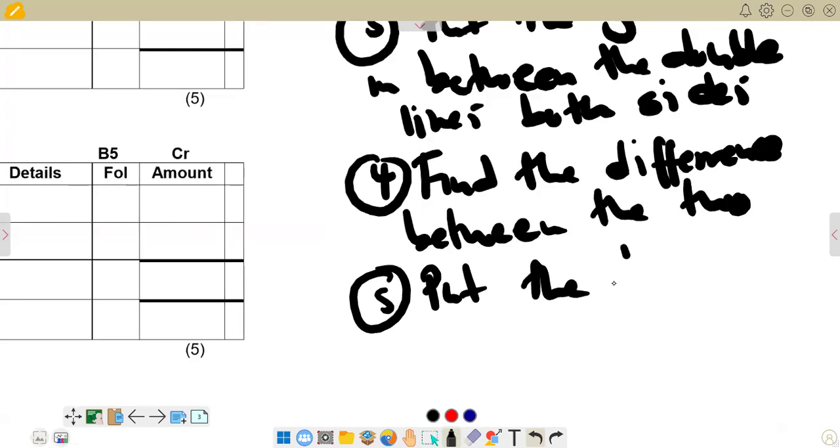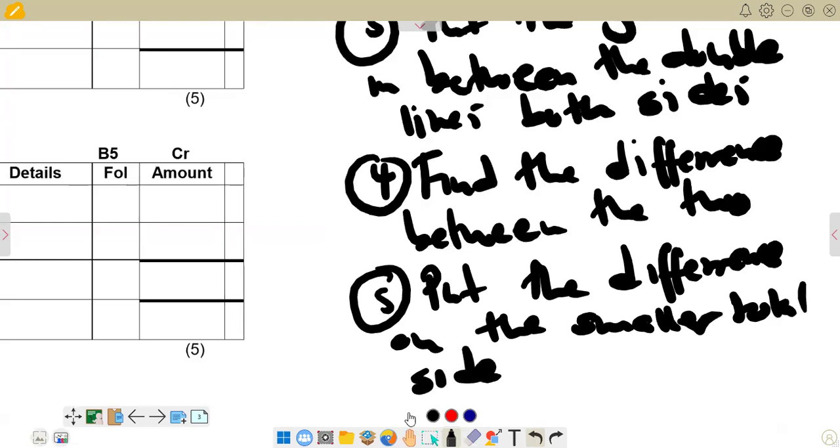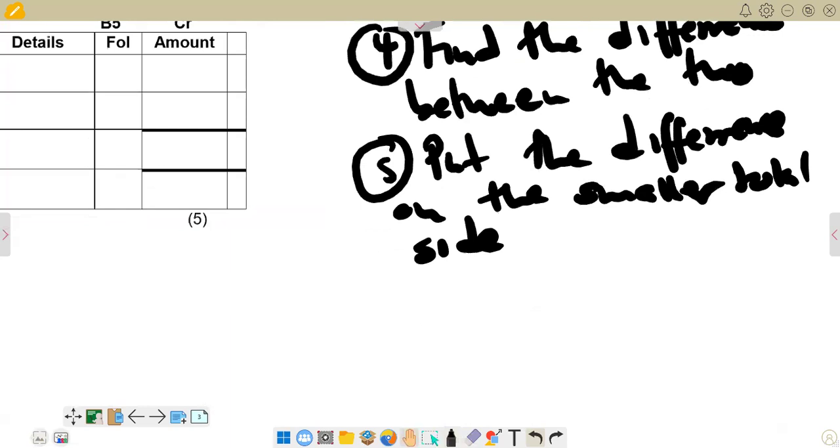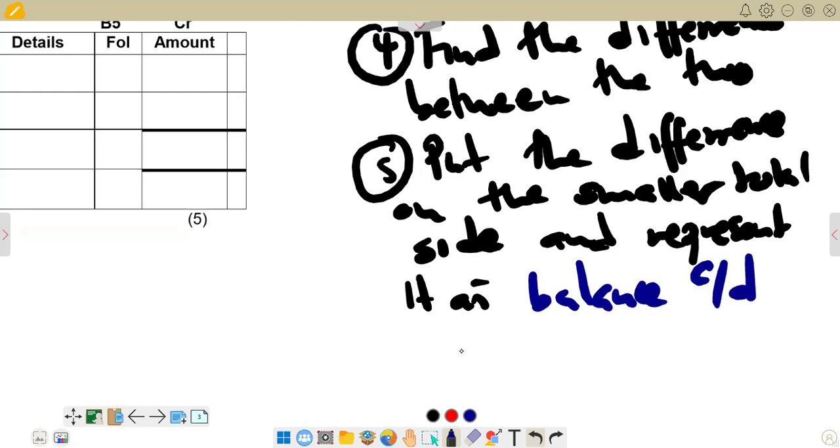Put the difference on the smaller total side and represent it as our balance c/d. So it will be your balance c/d.